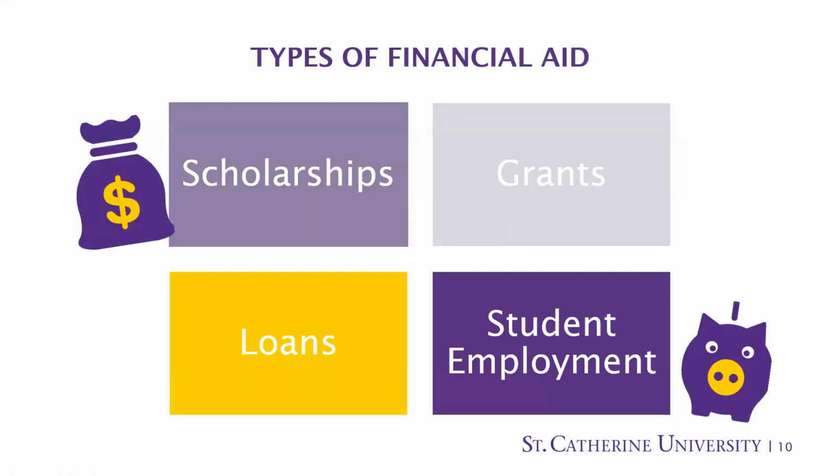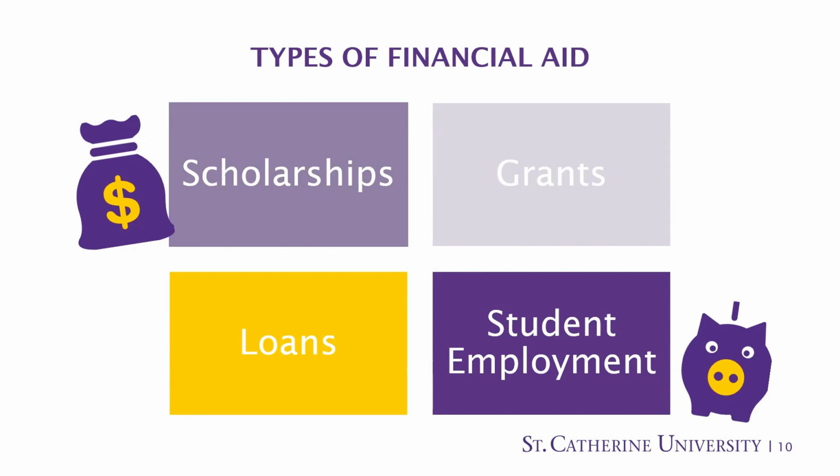Once students complete their St. Kate's admission application and any other applications necessary for financial aid, they may receive a number of scholarships, grants, loans, and student employment offers. Scholarships and grants are in the category of gift aid, which is money you do not have to pay back. Scholarships are often based on academics, while grants are often based on need.